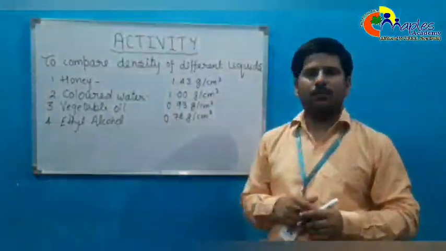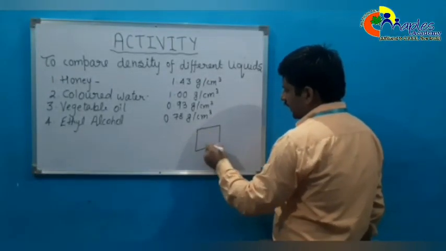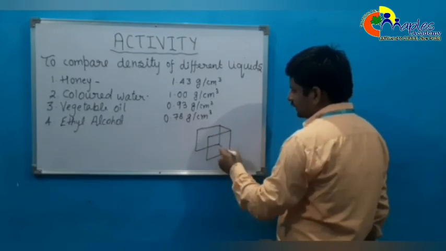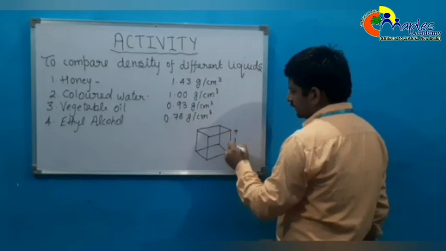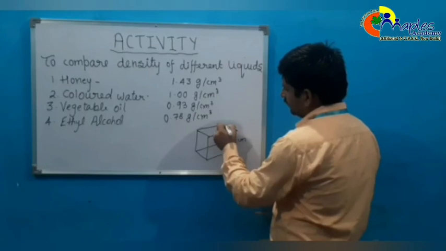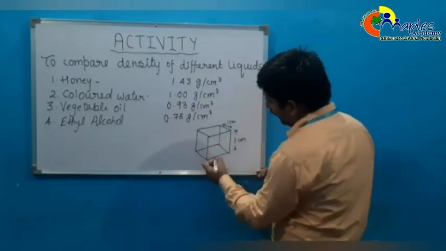To understand it more clearly, let me draw a cube. If I take one cube and consider the length 1 centimeter, the breadth 1 centimeter, and also the height.